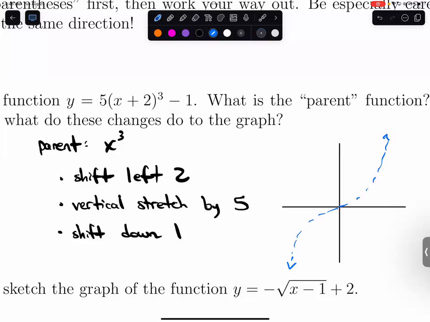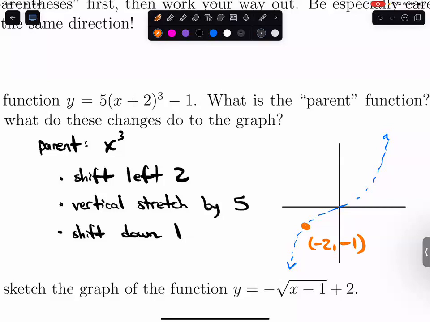A cube's a little bit harder because this point doesn't stand out quite as much, but like that one where it kind of shifts over, I can still keep track of where it goes. Where is that point that used to be at 0, 0 going to end up? -2, -1. Right, left 2 and then down 1. Let's say that's -2, -1.